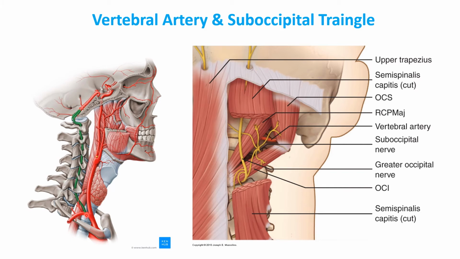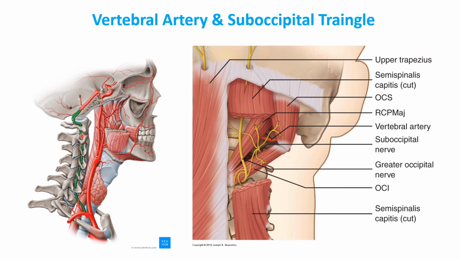So this part, from its origin till it enters into the foramen transversarium of the C6 cervical vertebra, is known as the first part. The second part, as you can see, which is running through the foramen transversaria, runs almost vertically. It ascends almost vertically up till the C2 transverse process, foramen transversarium.